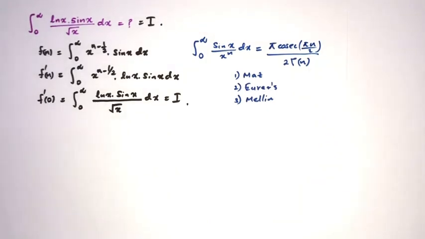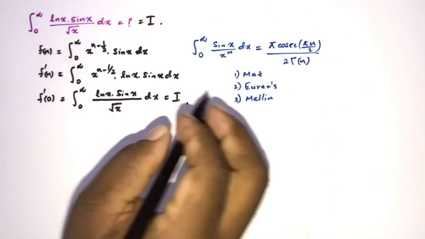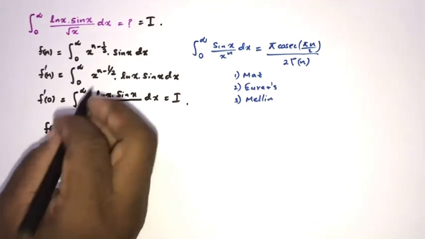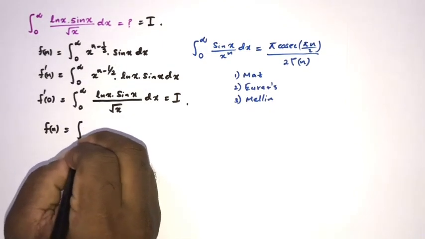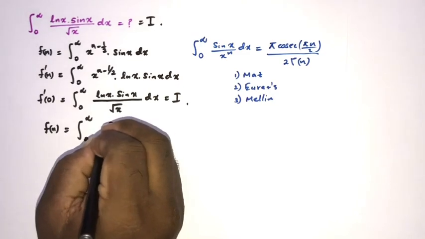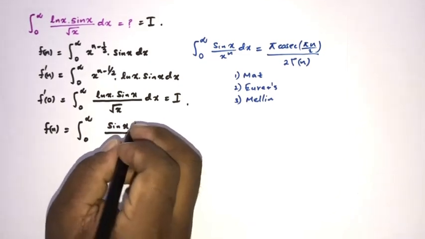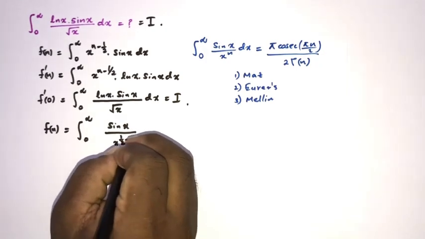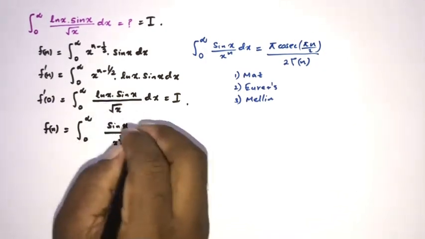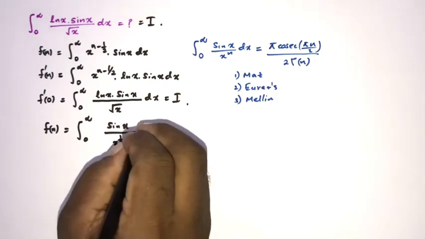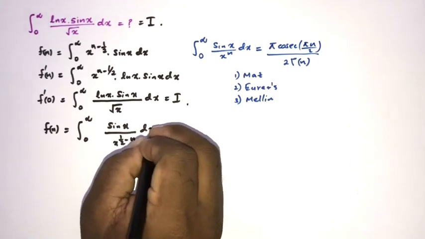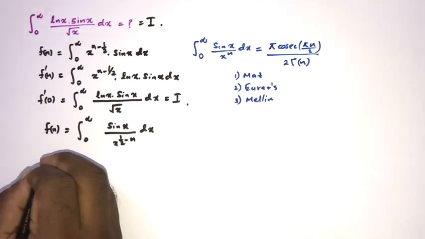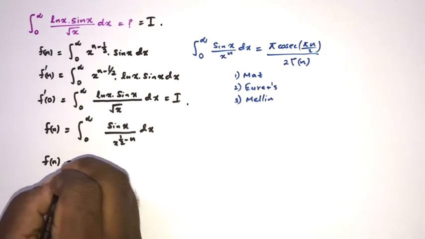So now we can write f of n as the integral from 0 to infinity of sine of x over x to the 1/2 minus n, dx.